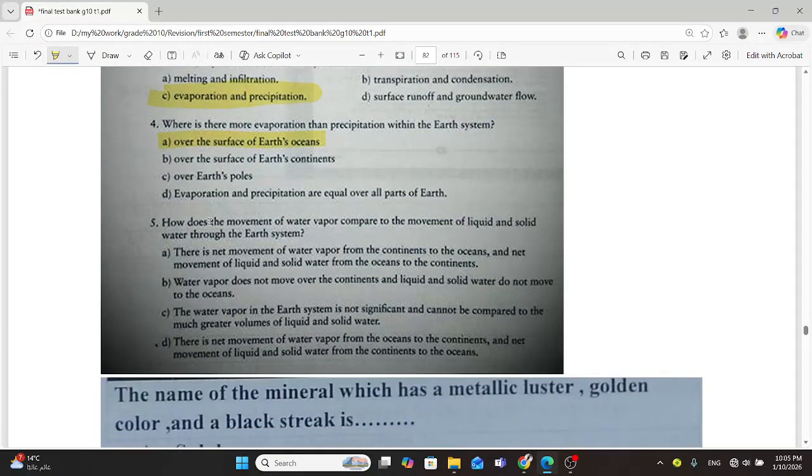How does the movement of water vapor compare to the movement of liquid and solid water through the Earth's system?